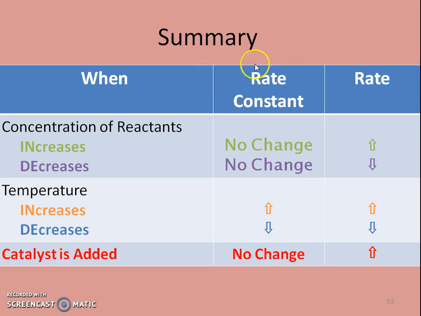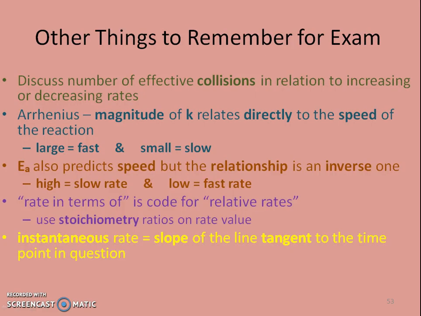And remember, rate constant is that k. So this should make sense to you. This is a nice summary or a nice recap of what we learned in this chapter. Other things to remember for the exam, and I'm going to be quiet now so you can pause the video, read over it, and hopefully this makes sense. Again, this is just a review or a recap.